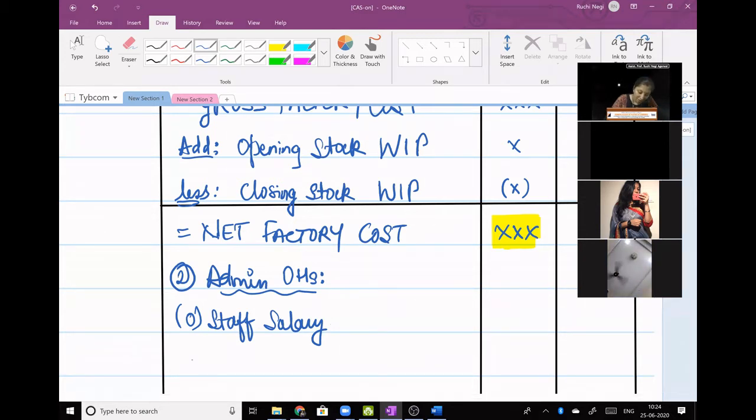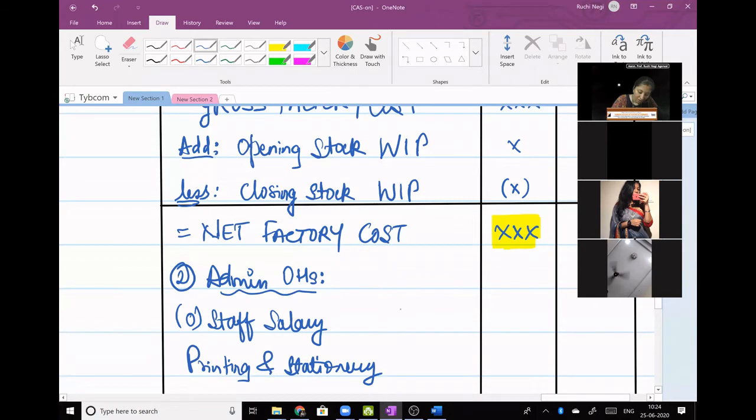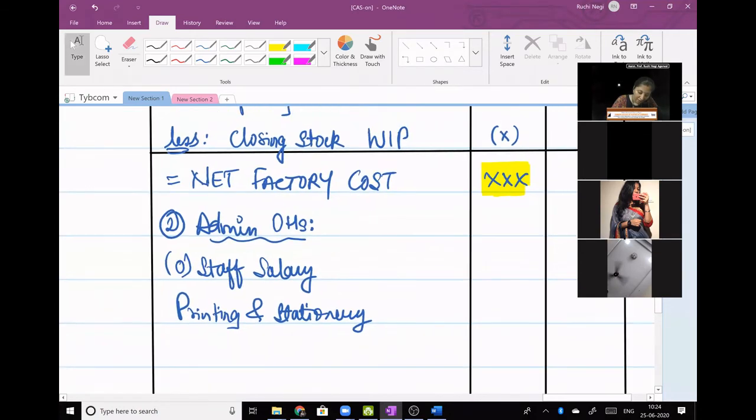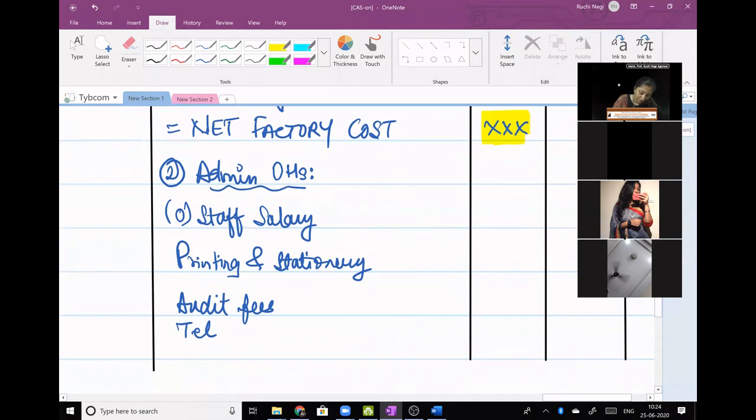Somebody said printing and stationery. Yes, printing and stationery. Good. Then audit fees. Yes. Telephone expense. Yes. Next, office expenses. Miscellaneous expenses. Yes.